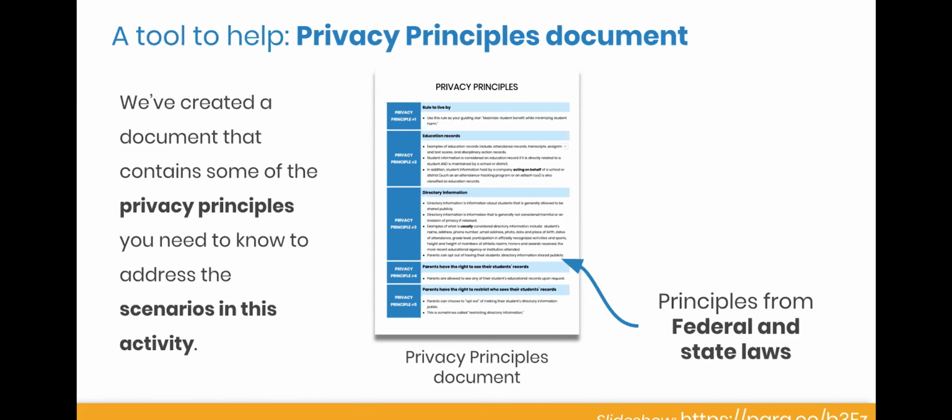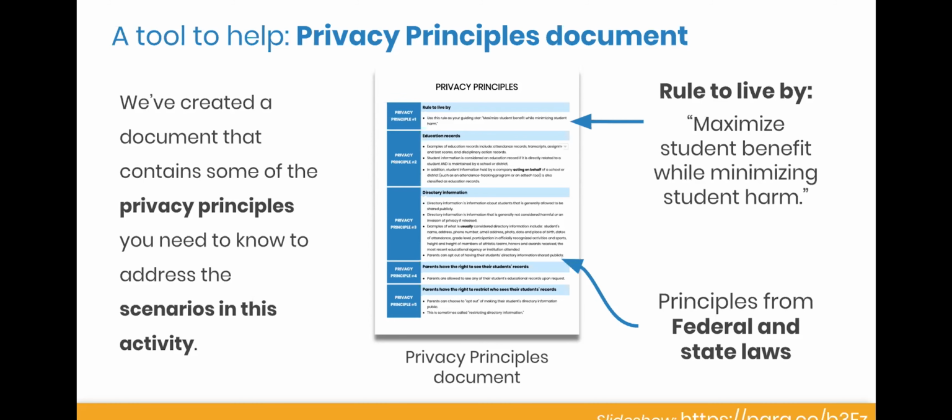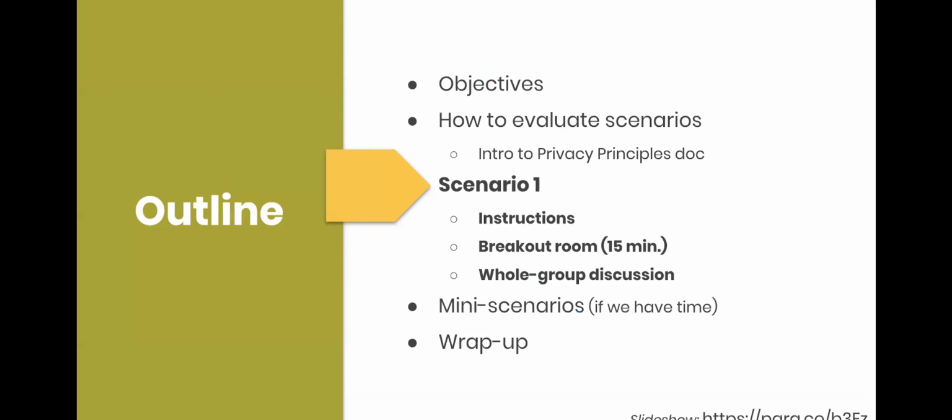This document, just so you know, is made of primarily principles pulled from law, either state or federal. But we also have this little memo at the top that I think is an excellent lens through which to view privacy questions. And that is living by the rule of trying to maximize student benefit and minimize student harm. So these are the tools you'll use to evaluate the scenarios that you're given.